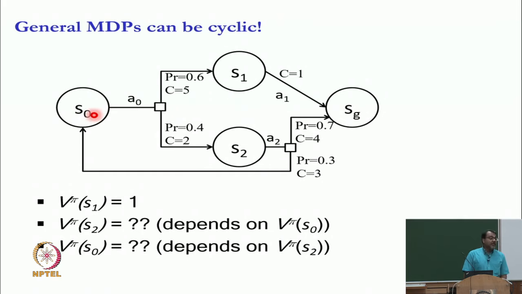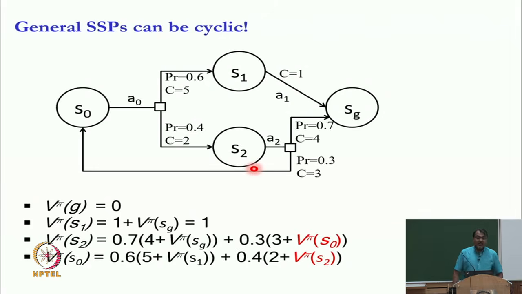Similarly, I can write down the equation for V pi of S0. 0.6 times 5 plus V pi of S1, which is 1, and 0.4 times 2 plus V pi of S2. So, technically I can write this down as a system of equations.